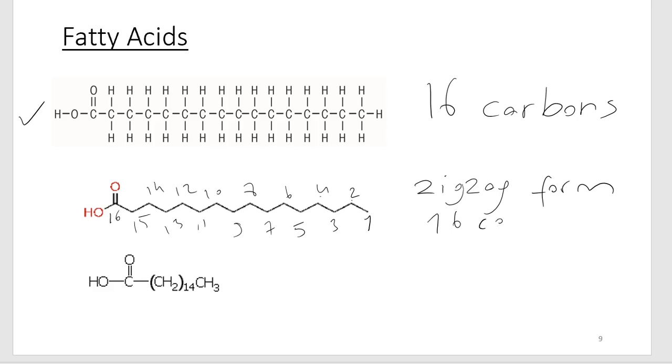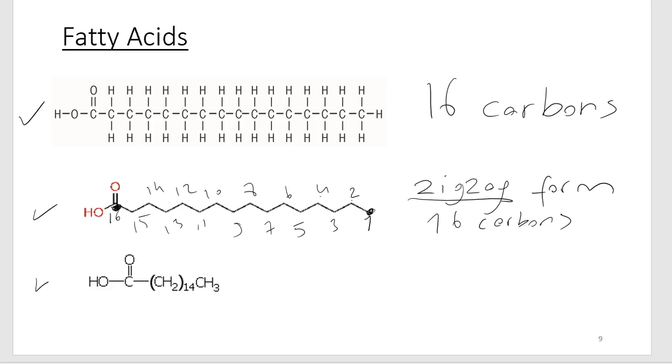Again, we have 16 carbons. That's the first carbon and that's the last one. We are not showing hydrogens here like we do in the previous one. Okay, that's the zigzag form.